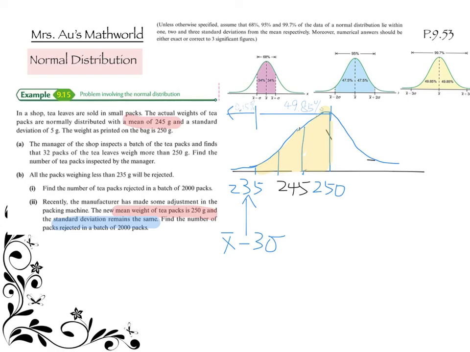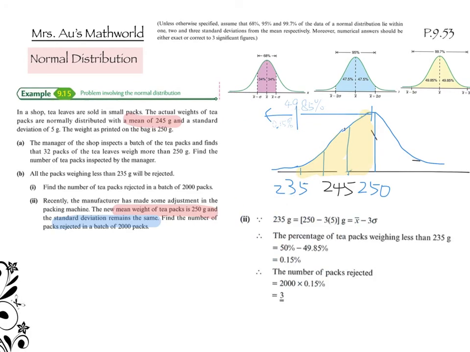So what is the number of packs to be rejected? Let's have a look. As a result, you can see that the percentage of tea packs less than 235 grams is just here. It's actually very little, 0.15%.